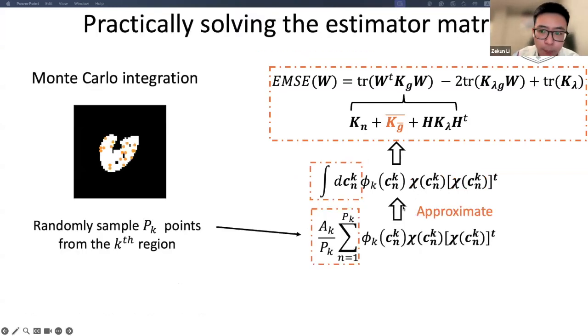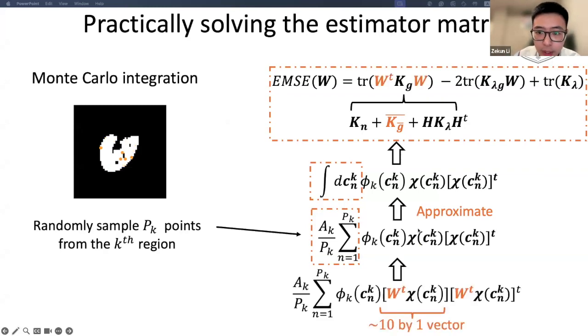First of all, we approximated this integration using a Monte Carlo approach by randomly sampling a relatively small number of c_nk, and it is actually a quite good approximation. And next, we bring in the W matrix to let it first multiply with each lump's projections, which significantly reduced the computational cost for this outer product.